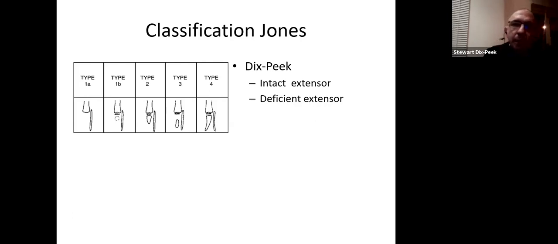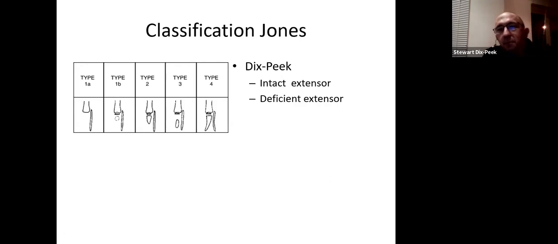So when I look at the Jones classification, what's important to me is, do we have an intact extensor mechanism? I take that to mean that you've got quads, a quads insertion, a patella tendon, and a proximal tibia to insert to.